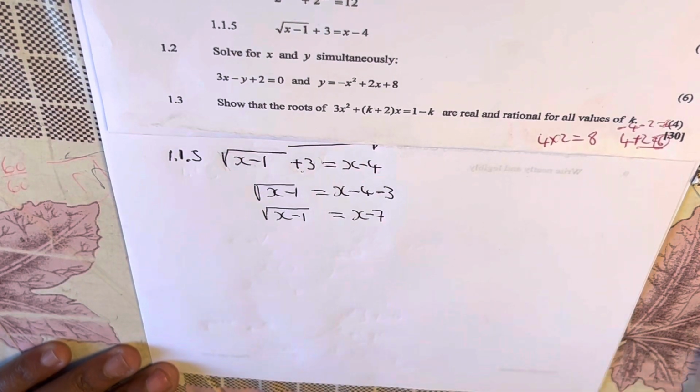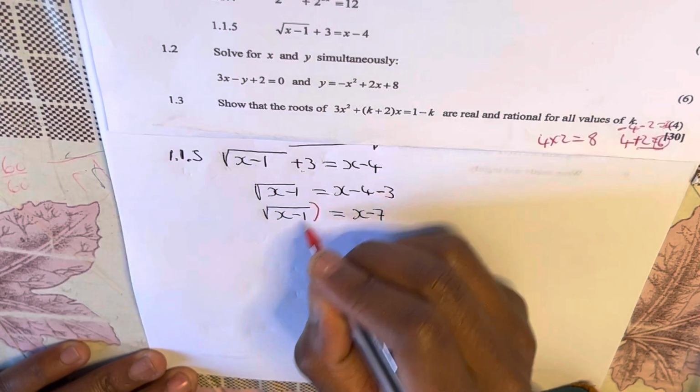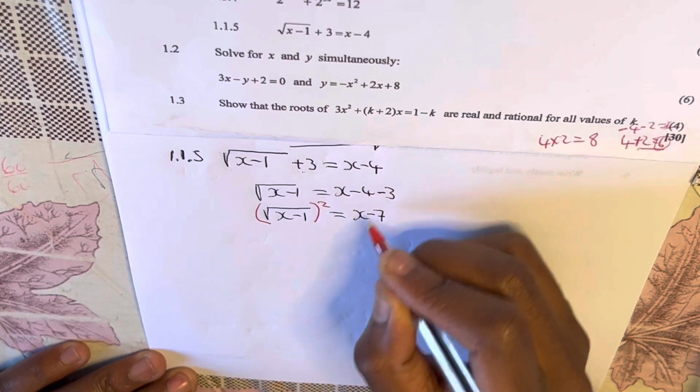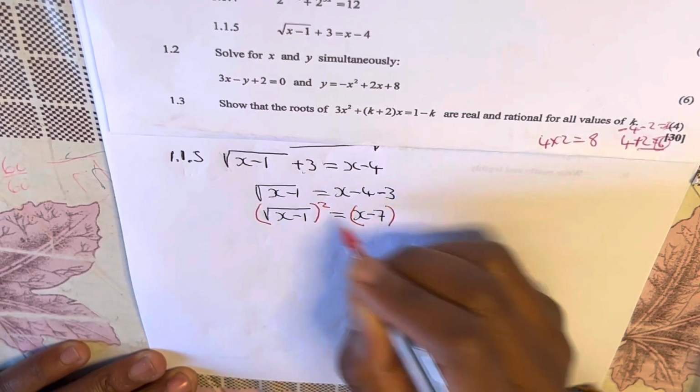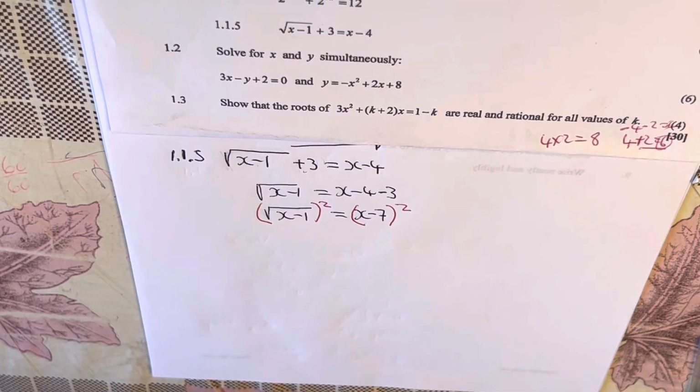Now we want to remove this square root. How do we remove it? We remove this square root by squaring; what you do on the left you also do on the right.